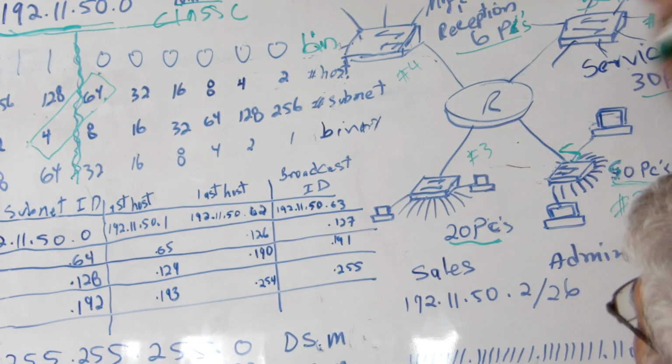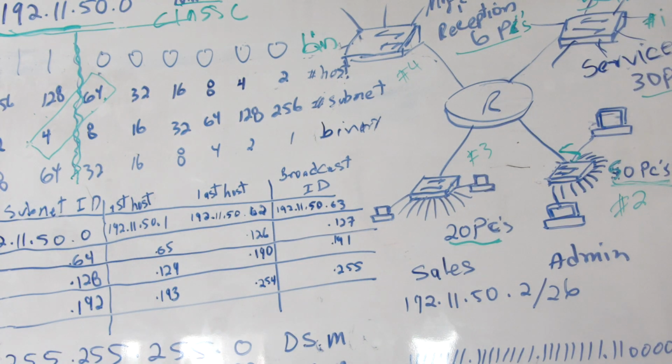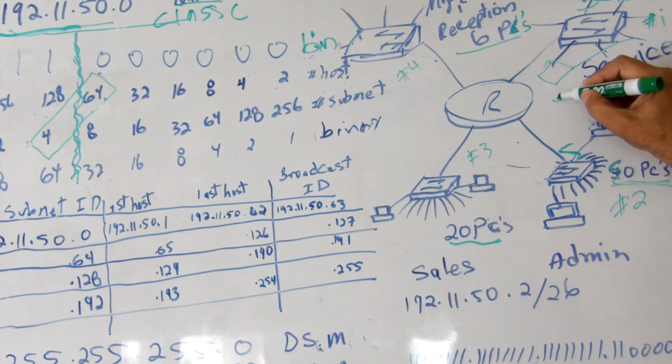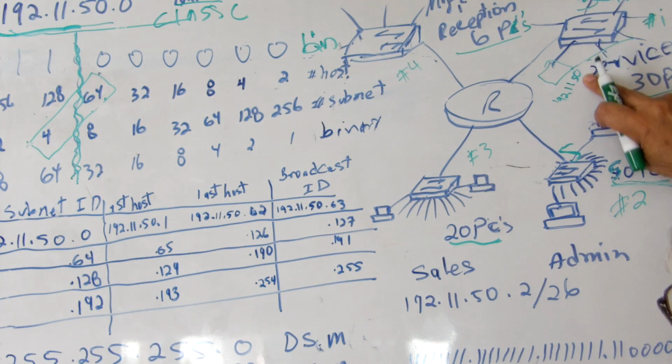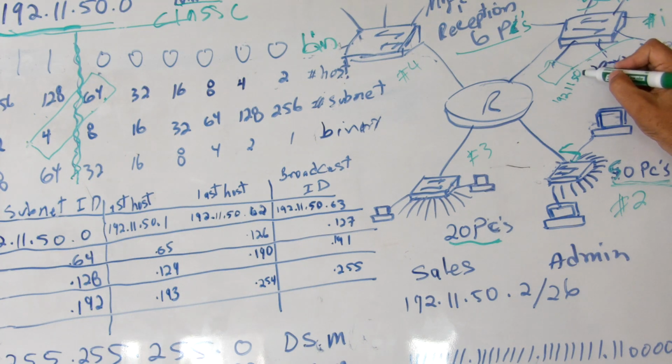So it starts from 50.2. You have to assign these computers. There are 30 computers, and the last computer's IP address is going to be 192.11.50.32.